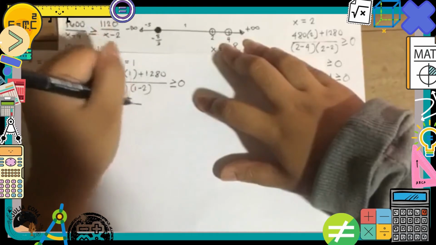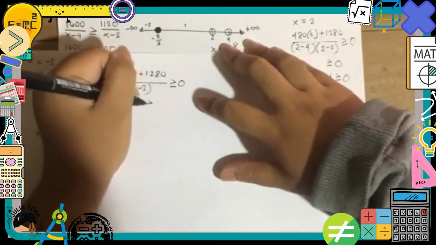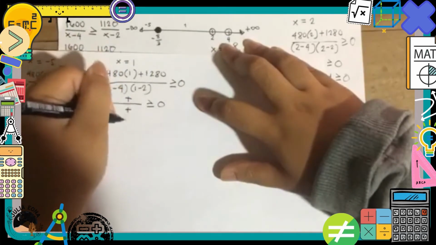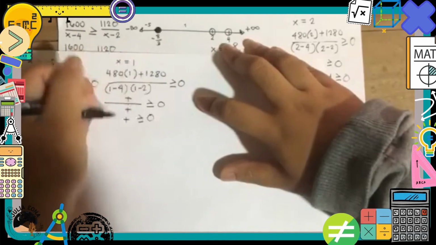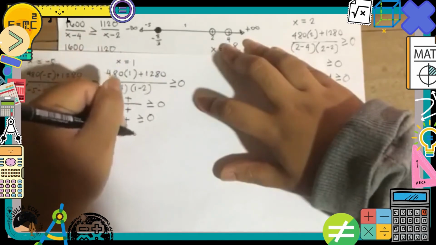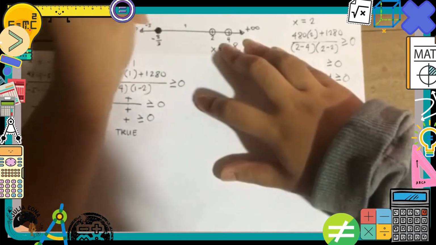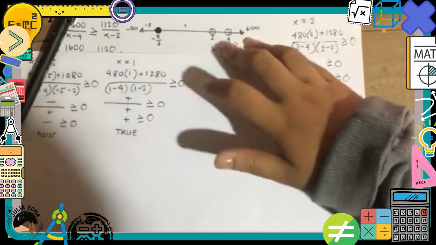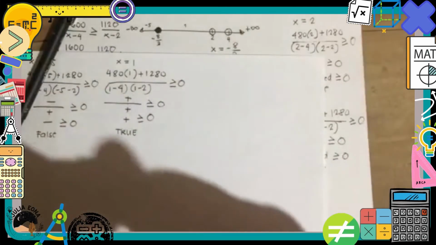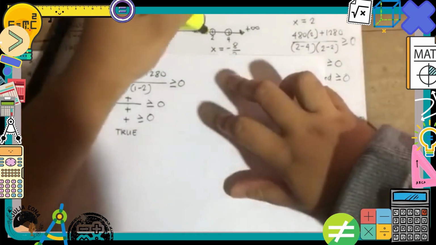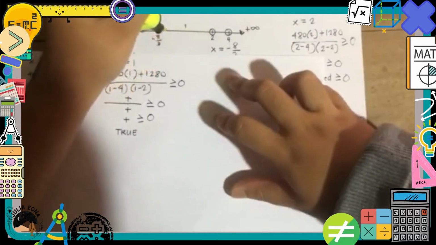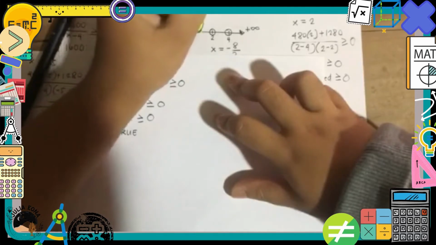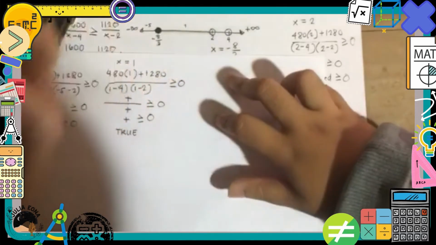So we are going to have positive over positive greater than or equal to 0. Positive divided by positive is positive, so it is true. So I'm going to shade this part since it is included in our solution. I'm just going to use this marker. There.